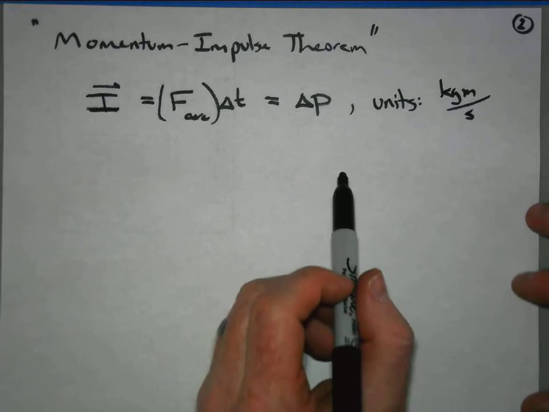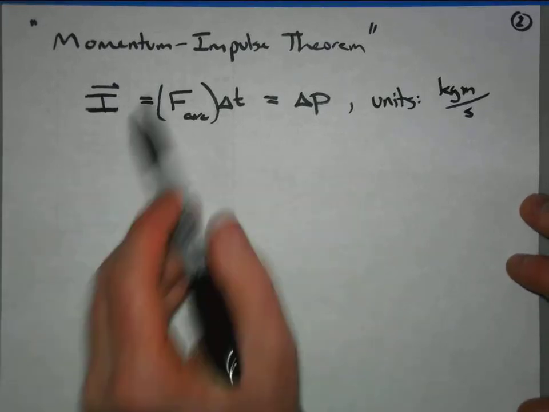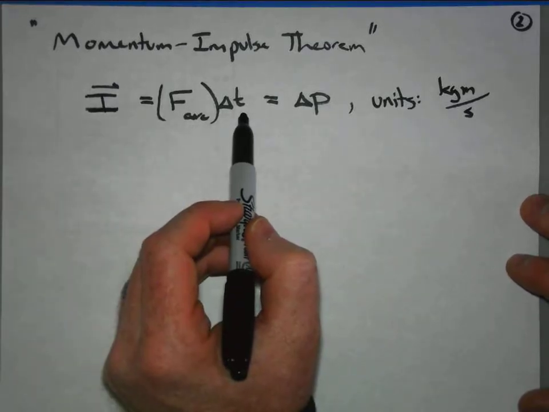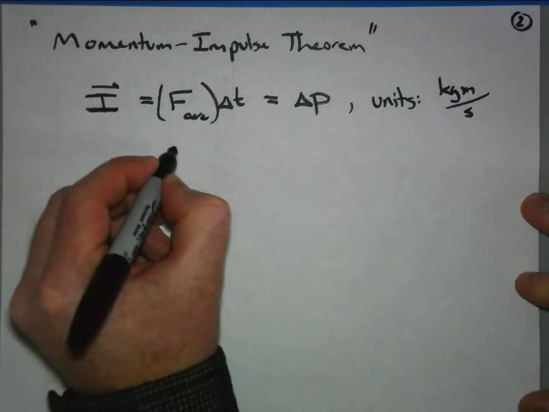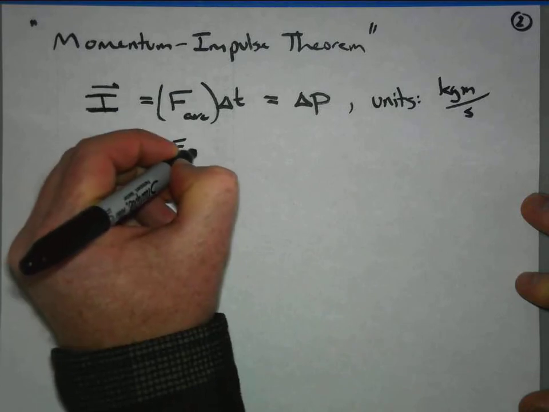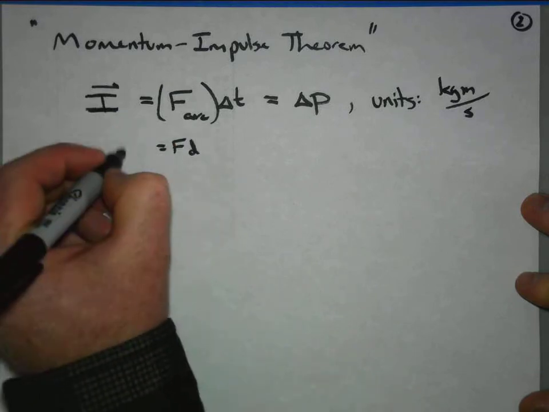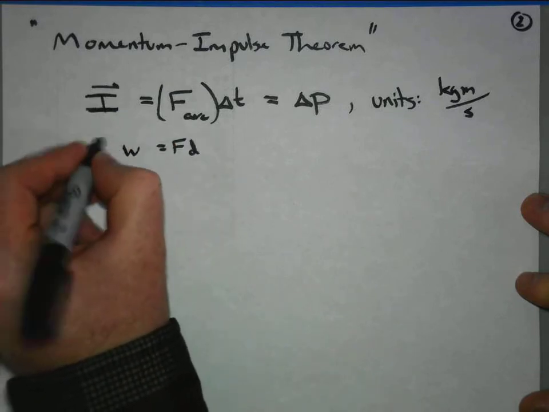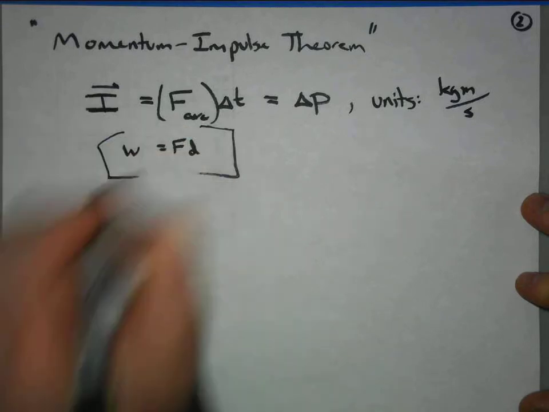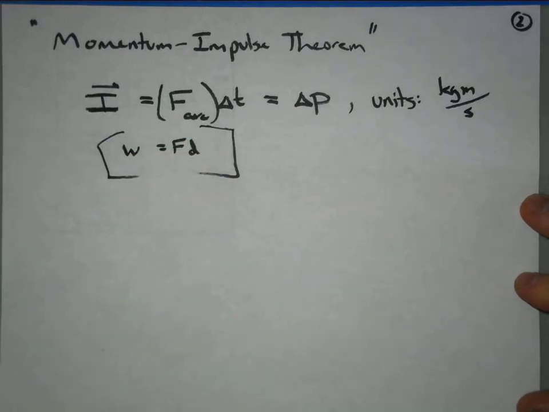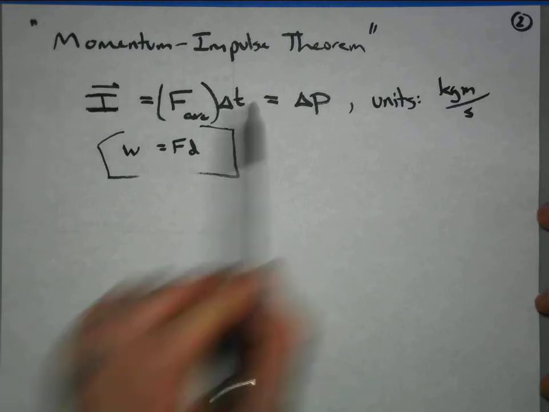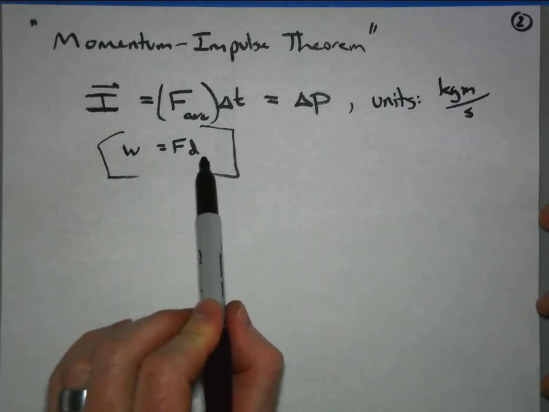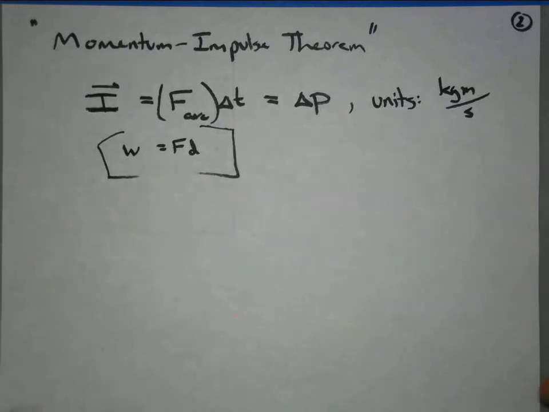And there's something else here. You should be saying to yourself, well, force times time. If you think way back in ancient history, we studied force times distance. And what a force times distance gave us was work, right? You should be seeing some similarities and be thinking a little bit of parallel things going on here between impulse and force times time compared to work and force times distance. Keep these relationships in mind.